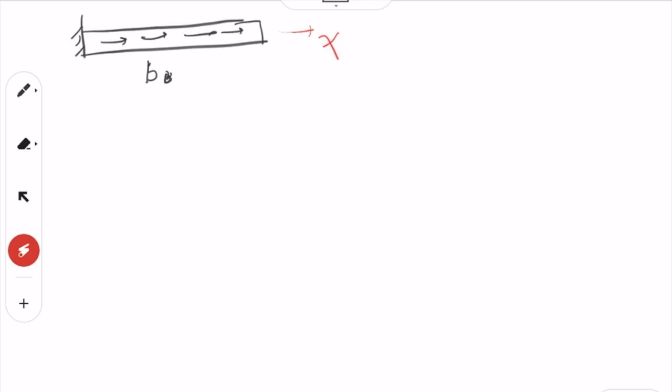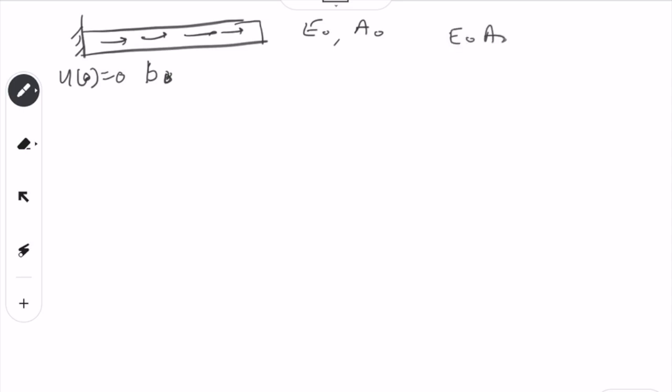This is fixed, so we have u0 equal to 0, and E naught is given, A naught is given, all constant. So the original equation is E naught A naught d square u over dx square plus B naught is equal to 0.